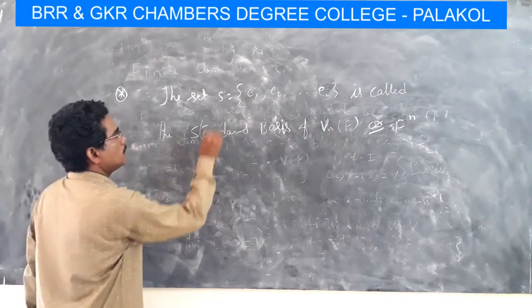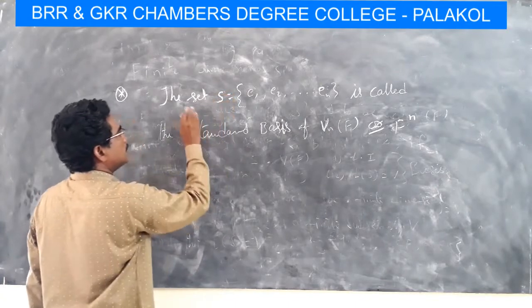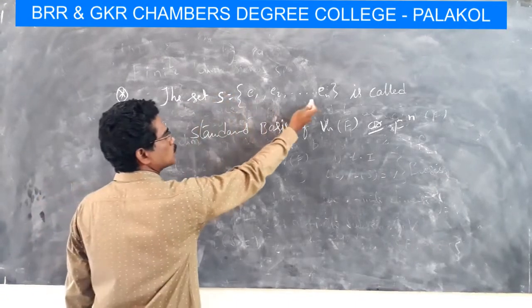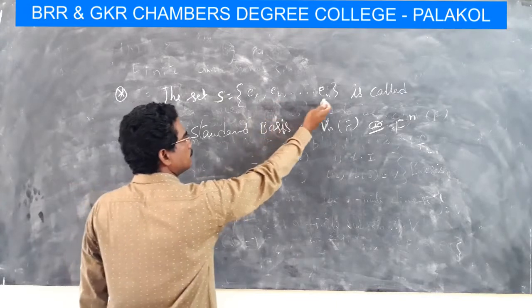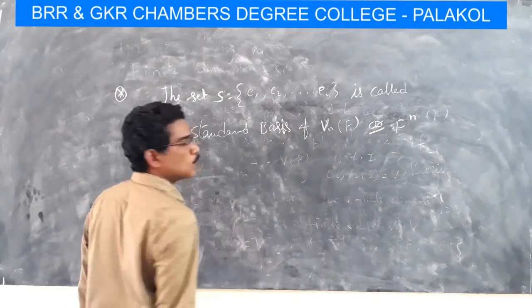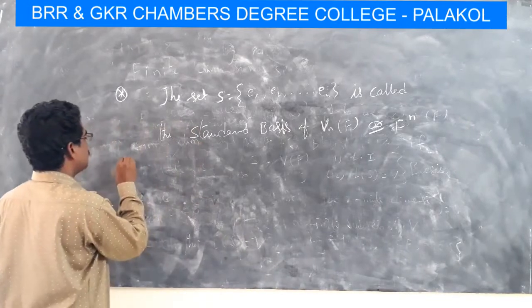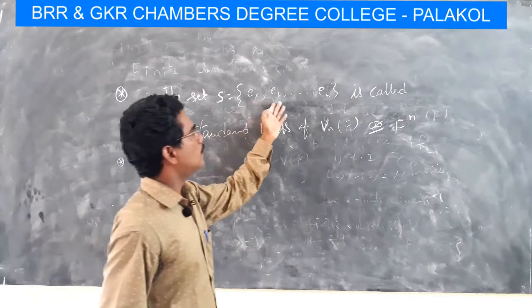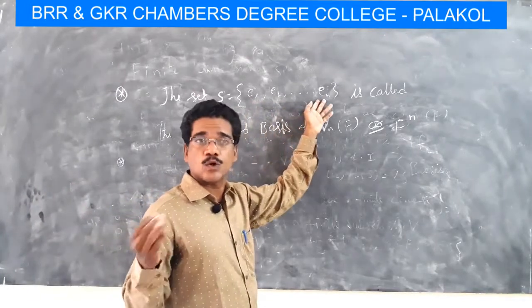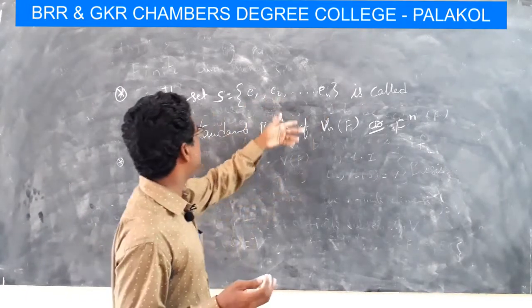Here S is equal to the set of E1, E2, and so on up to En, that means n coordinates. Suppose E1, E2 up to En are n coordinates of a dimension.